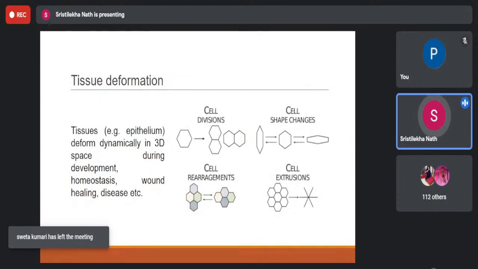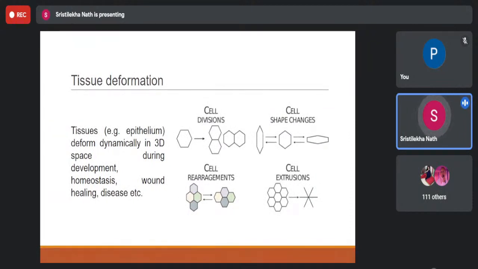Tissue deformation is a very well-known phenomenon that we can see in tissue mechanics. It can occur due to various methods. Though the word deformation is there, its importance is very useful in development, tissue homeostasis, wound healing, and various disease conditions. If the tissue deformation is itself deformed, it may lead to some kind of disease condition.